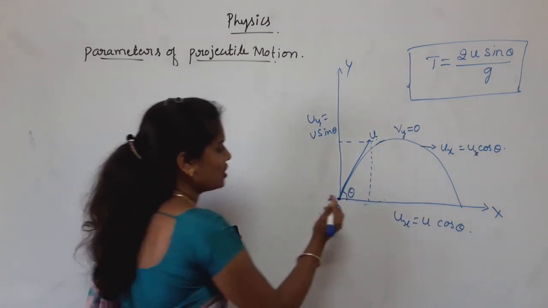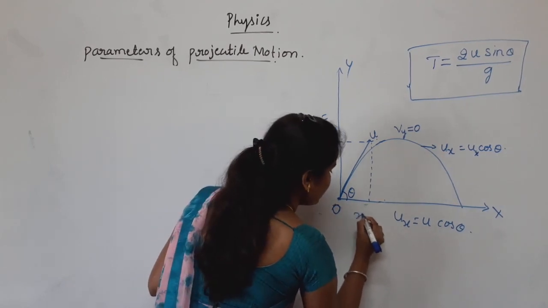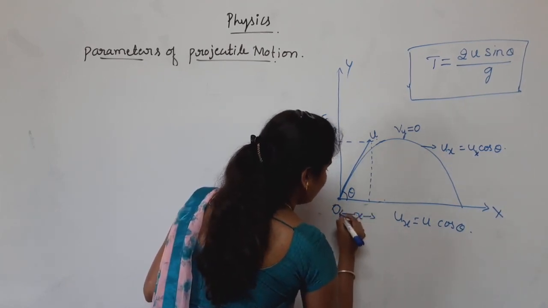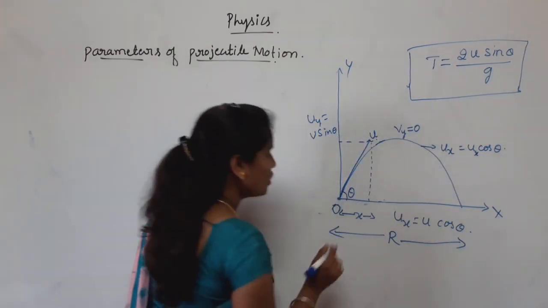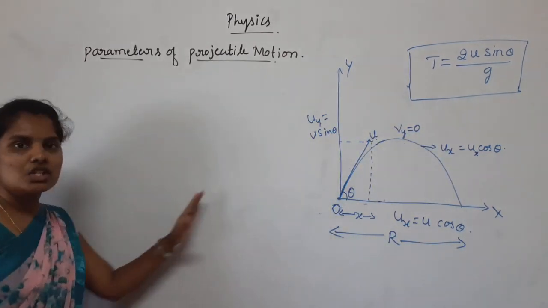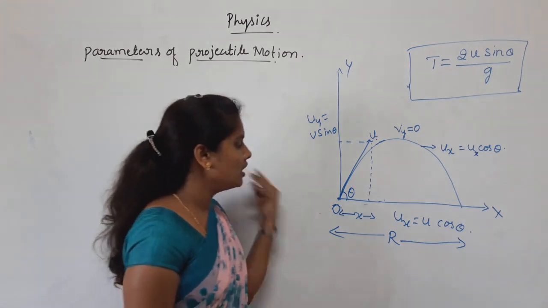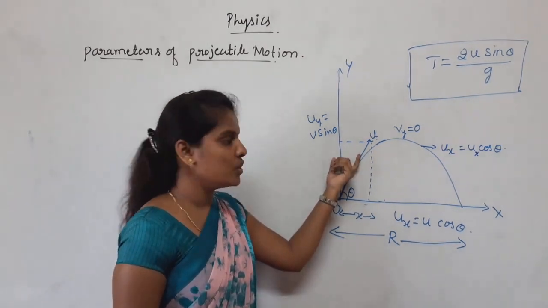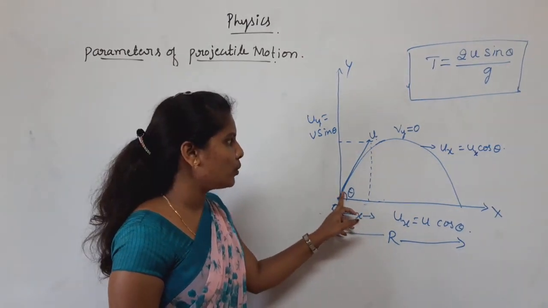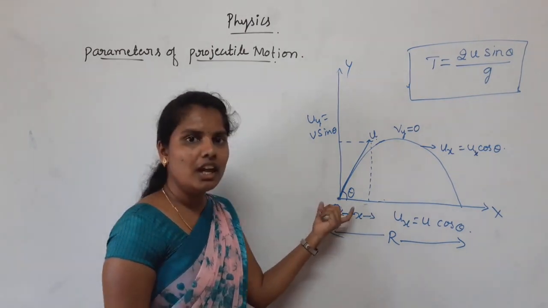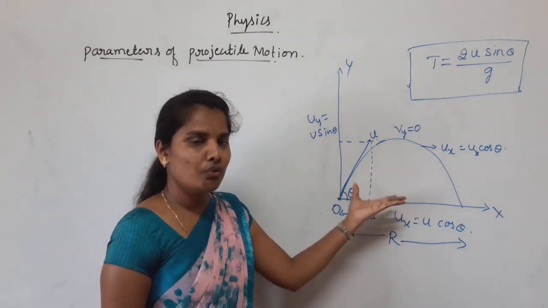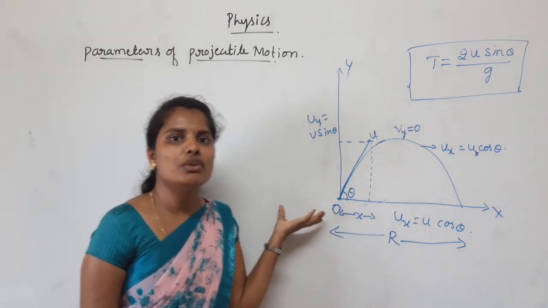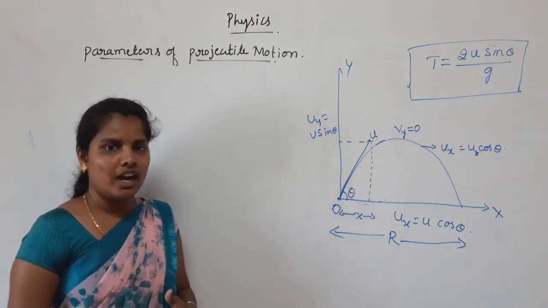So this is also a diagram. This is x. This is the horizontal range R. Here also the same parameters are used. U is the velocity of the projectile, theta is the angle of projection, O is the point of projection, and Ux and Uy are the components of U along the x and y axis.